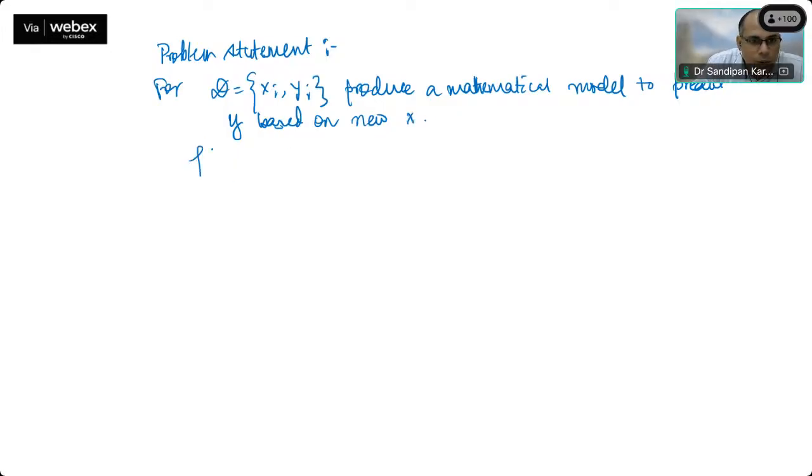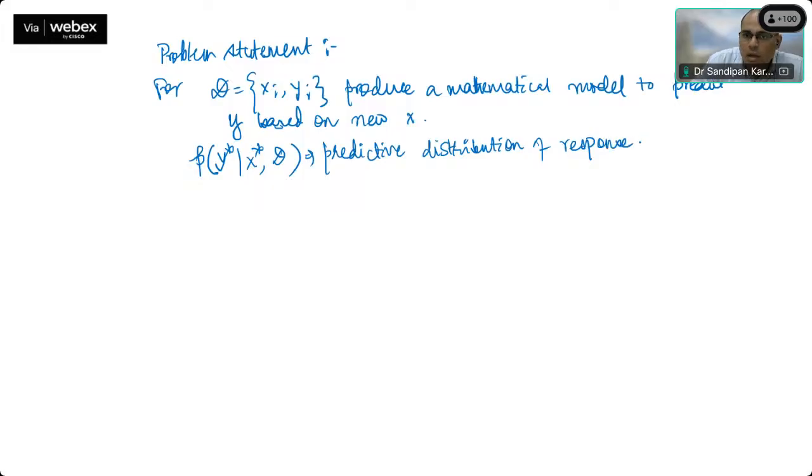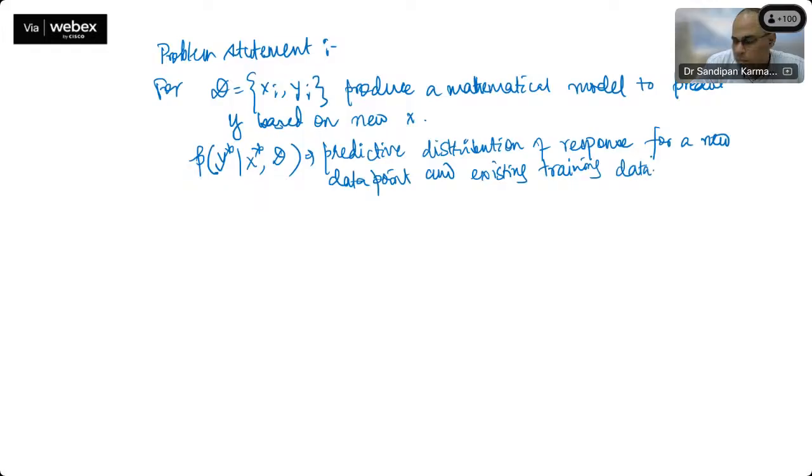That means I want to produce p of y star given x star comma data, that is the predictive distribution of the response for a new data point and existing training data. This is what we want to find out.